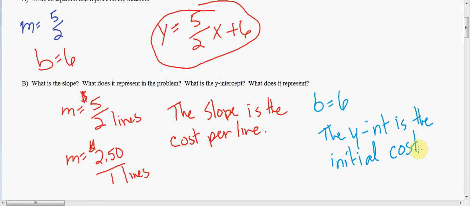So basically what's happening here is that if you want to buy an ad in the newspaper, it doesn't matter how many lines the ad is. It could be 2 lines or it could be 50 lines, and the newspaper is going to charge you $6 just to get started. Alright?